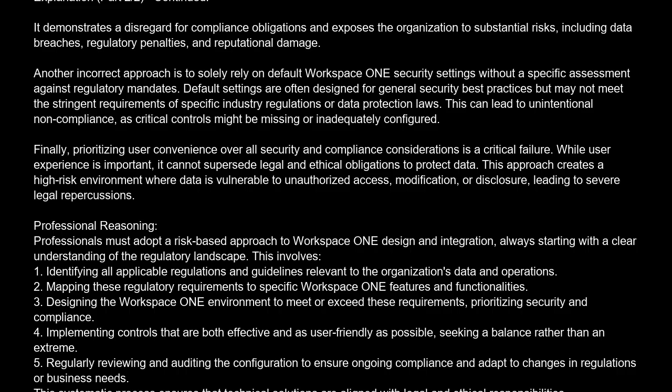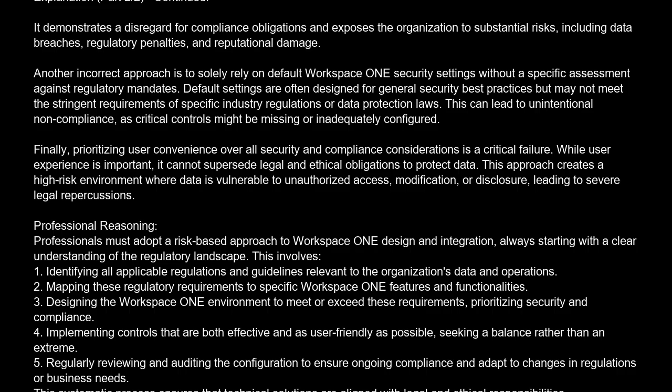Another incorrect approach is to solely rely on default Workspace ONE security settings without a specific assessment against regulatory mandates. Default settings are often designed for general security best practices, but may not meet the stringent requirements of specific industry regulations or data protection laws. This can lead to unintentional noncompliance, as critical controls might be missing or inadequately configured.